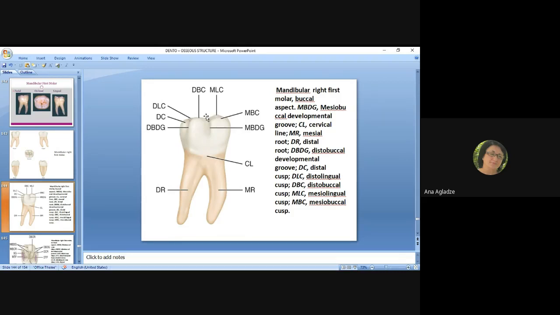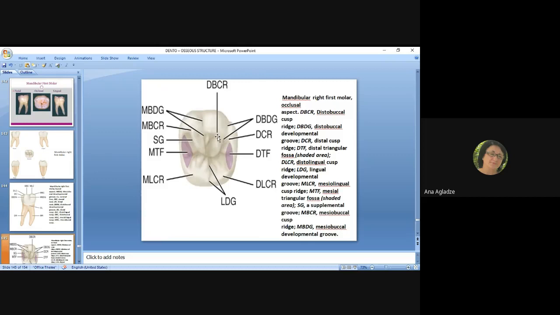There are four developed and pronounced cusps, and on this occlusal surface you can see these cusps, the distobuccal developmental groove, and also the lingual developmental groove and the mesiolingual developmental groove.